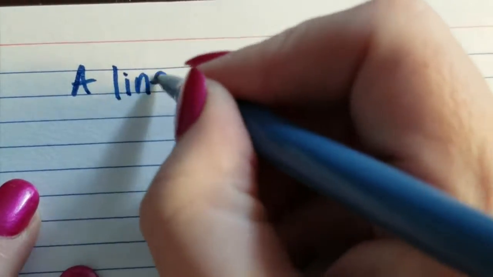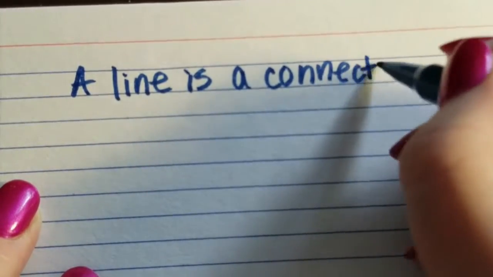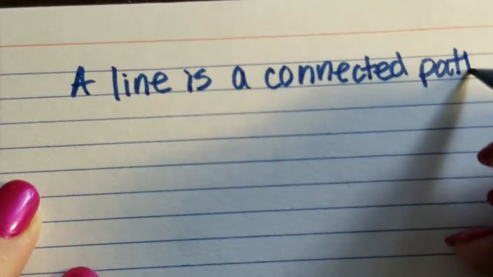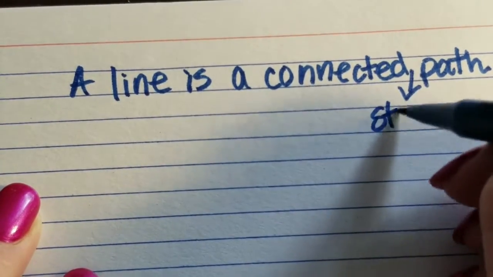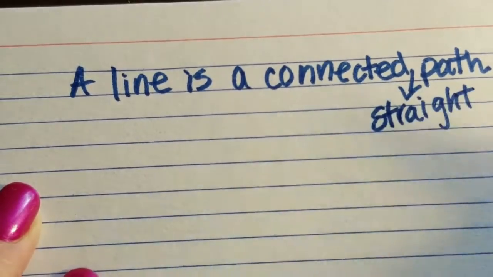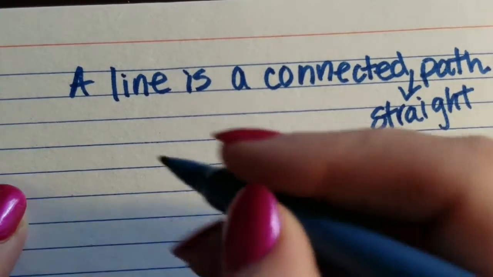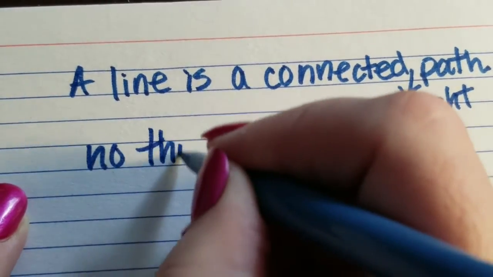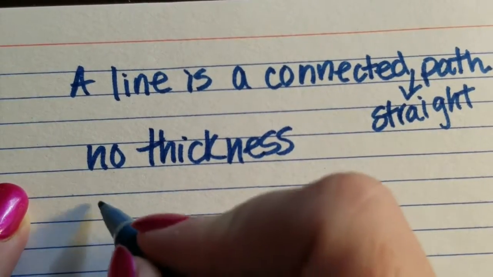Line is the next undefined term, and a line is a connected path. It's a straight path and is connected by points, or it has no thickness, and it continues forever in both directions.